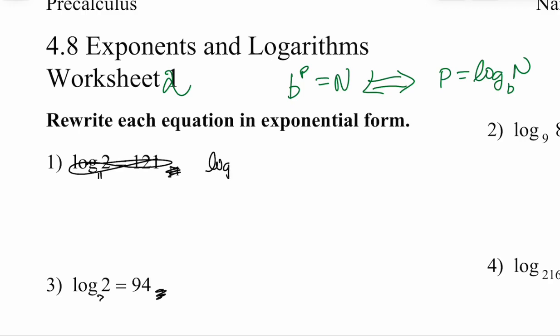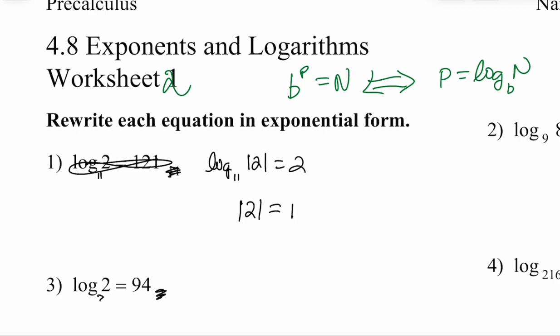Okay, the log base 11 of 121 equals 2. There we go. So that's what should have been on the page. It got all messed up. But anyway, let's fix this. Our number is 121.